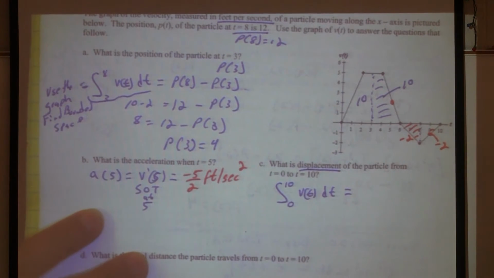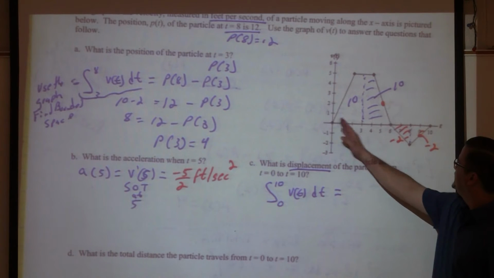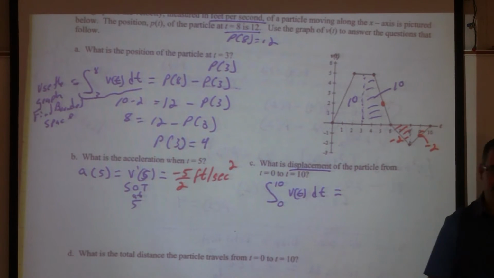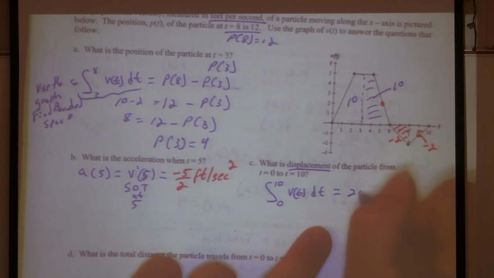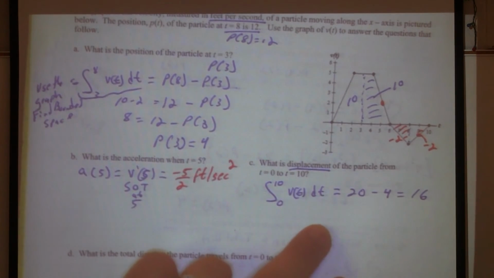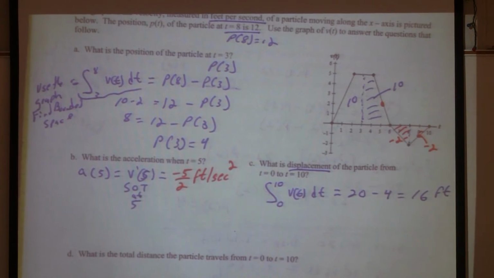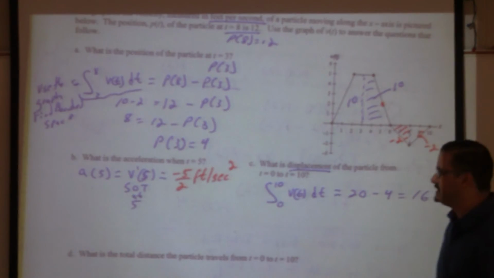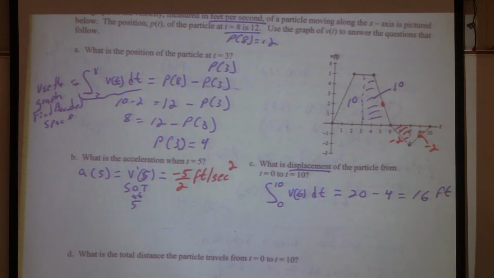And what is that going to equal? So we're going all the way from 0 to 10 now. So 20 minus 4, 16, and it would be 16 what? Feet. So what this number tells us is that the particle was moving more to the right than it was to the left. That's why my final answer was positive, right? Cool?